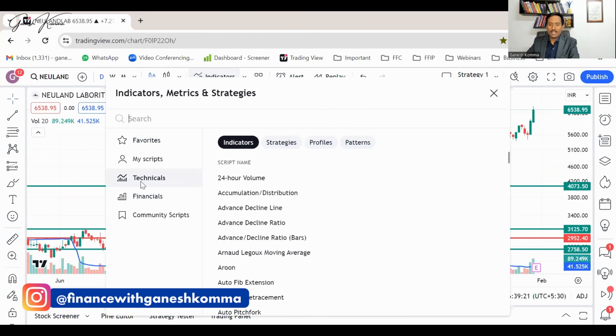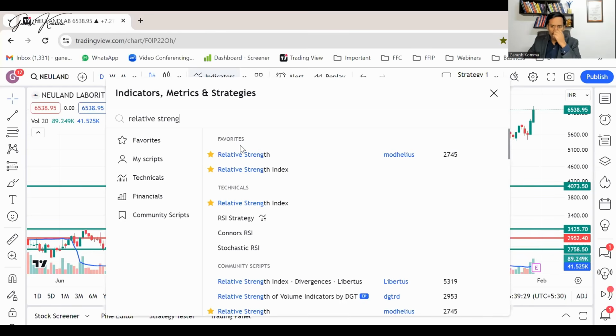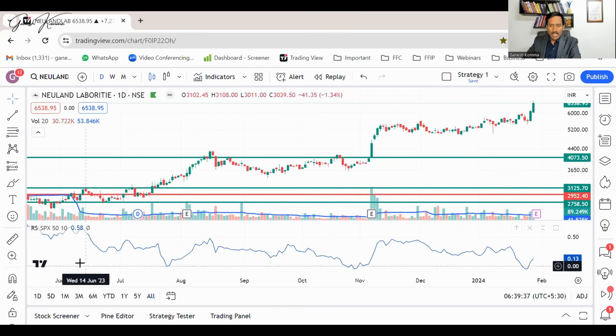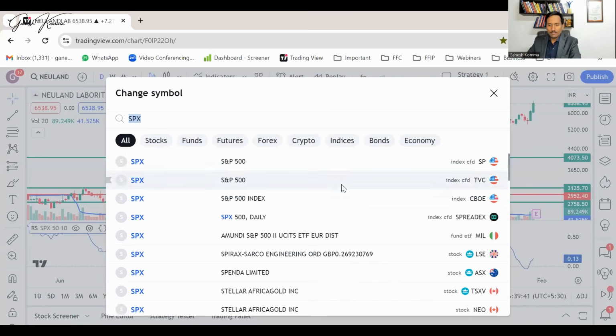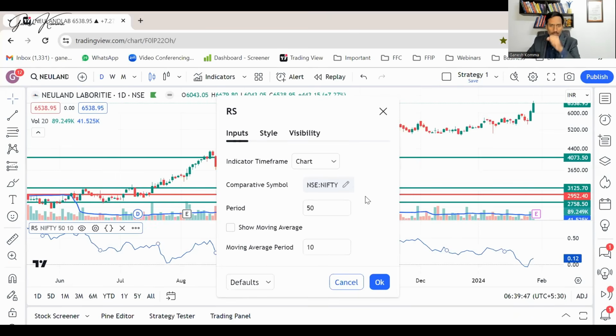So I'll go to technicals and select relative strength. There is an indicator by Mr. Modulus. You can select the indicator relative strength, and in the settings, instead of S&P Standard & Poor, we'll be selecting Nifty 50.